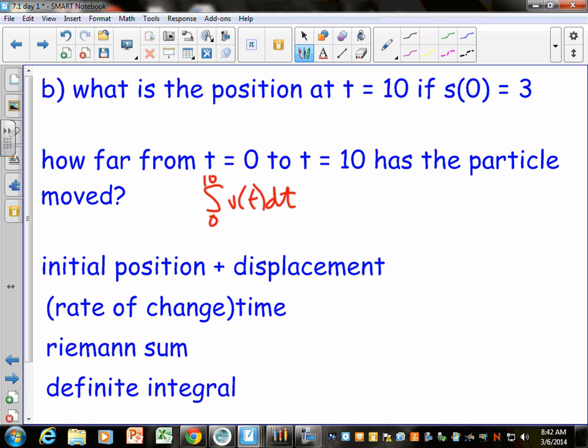Plus the initial position, so plus, okay, humor me for a second. Instead of solving for C, which we could still do, you're still going to get the right answer, but if from 0 to 10 gives me how far it traveled, and I just plug in where it started, is that going to give me the new position of it?